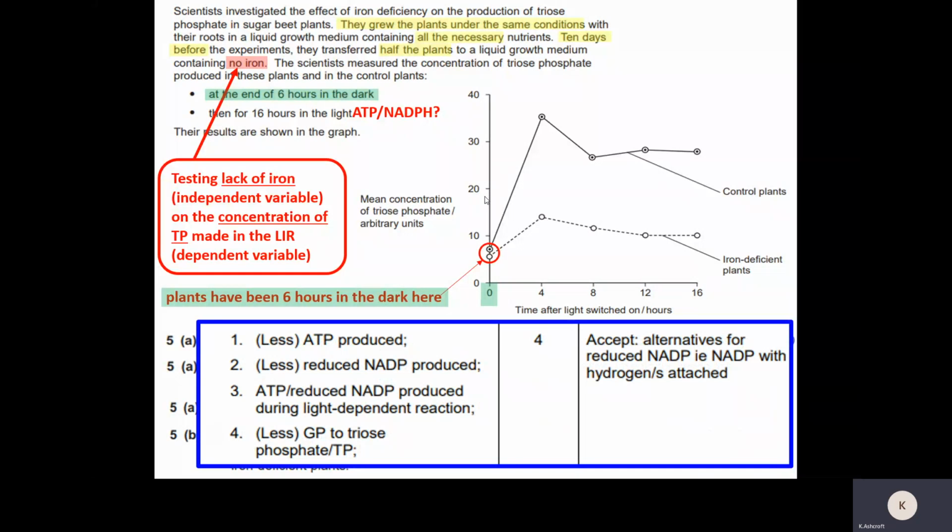So we know iron is a very important mineral ion that allows the electron transport chain to work in the thylakoid membrane. Proteins can function correctly and their redox reactions can occur as normal. So less GP reduced to triose phosphate for mark point number 4.